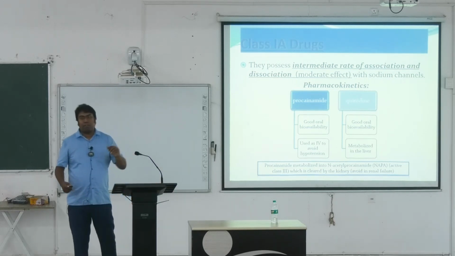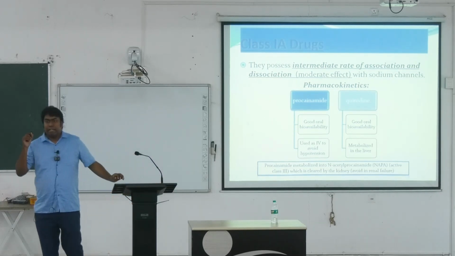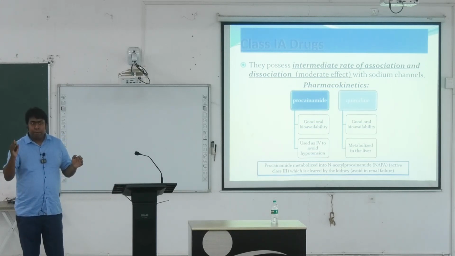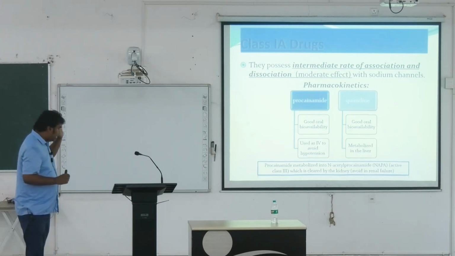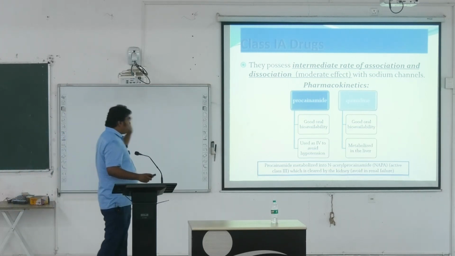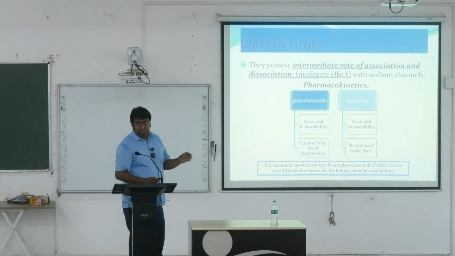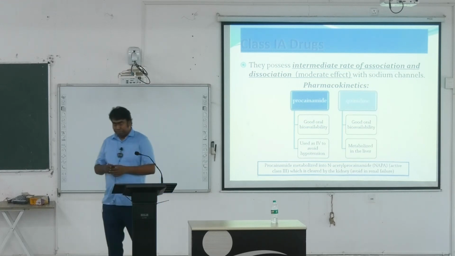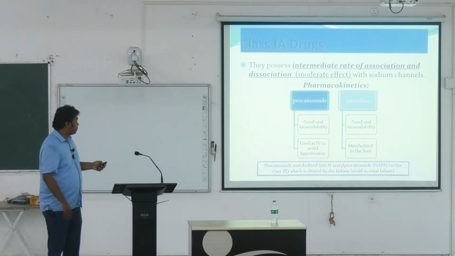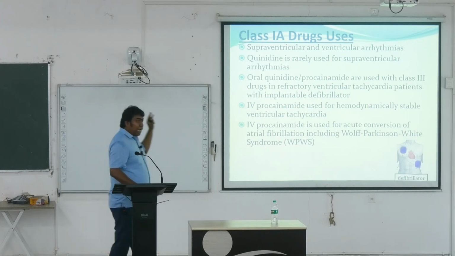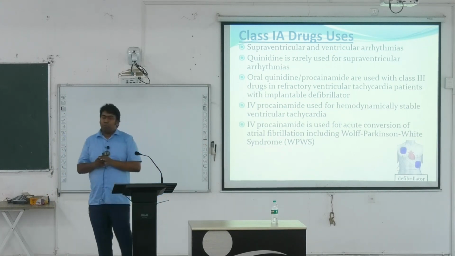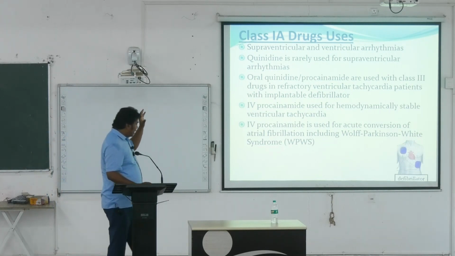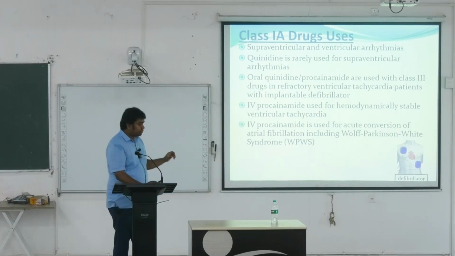But both procainamide and quinidine, which are class 1A drugs, act by blocking the sodium channel and are used for tachyarrhythmias by controlling conduction through the atrium, ventricle and Purkinje tissue. Where are they used? They can be used in both supraventricular and ventricular arrhythmias, but quinidine is rarely used in supraventricular.